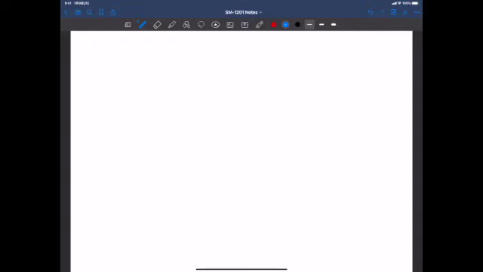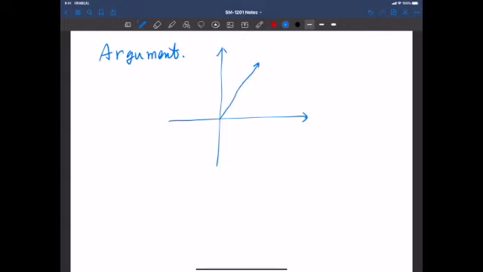Next, we define the notion of argument. Simply put, it is the angle on this complex plane. Let's say this is one complex number. The argument of z is basically the angle between the x-axis and this line.